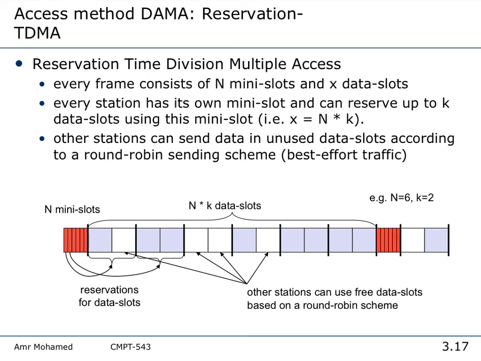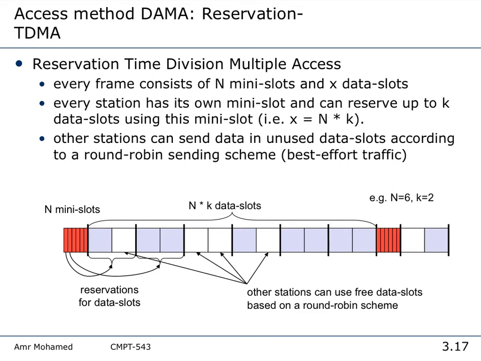So in that case, I use explicit reservation because I have an explicit reservation phase. And in this reservation phase and during transmission, I have no collision whatsoever, similar to the first explicit reservation technique we talked about.